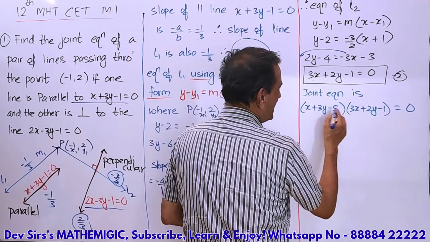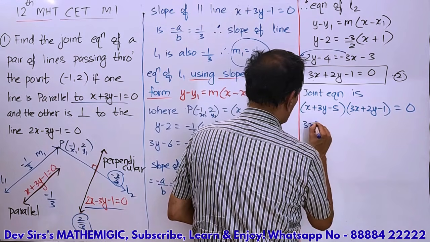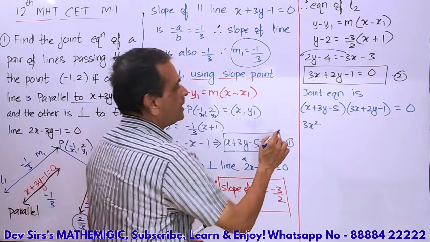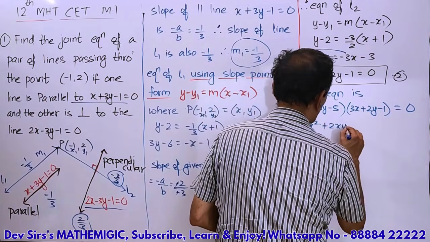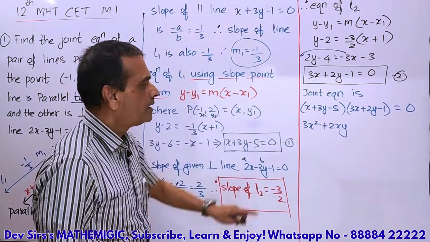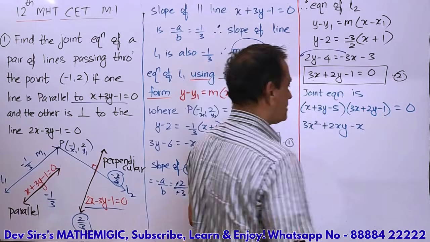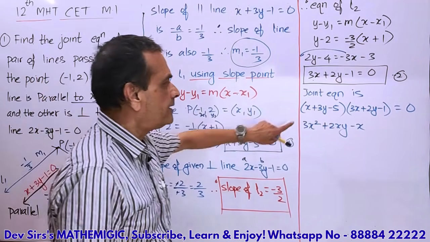First start multiplying by x. x into 3x, 3x squared. x into 2y, 2xy. x into minus 1, minus x. x का multiplication हो गया.